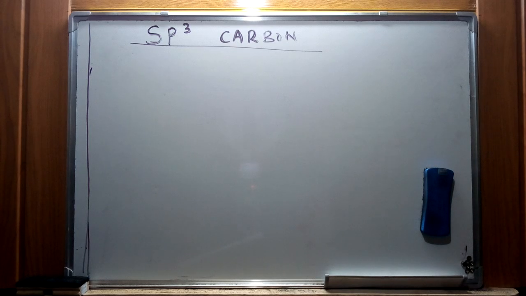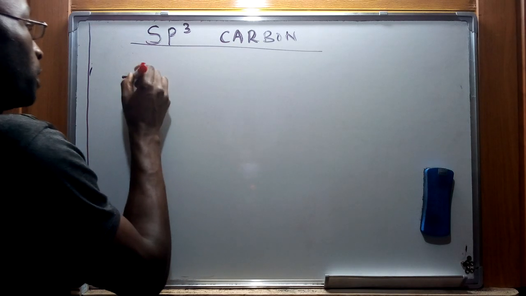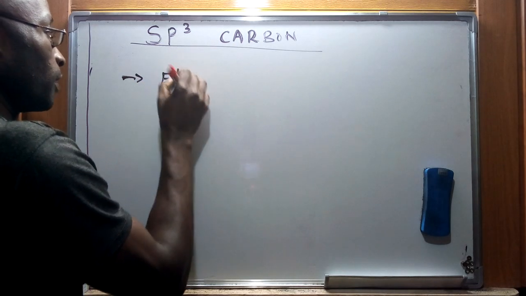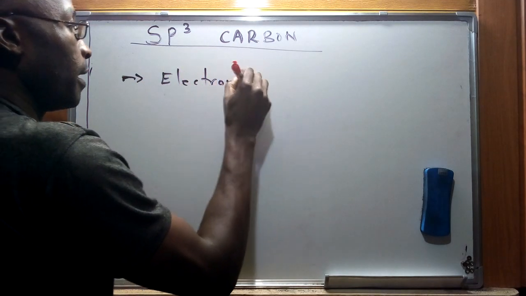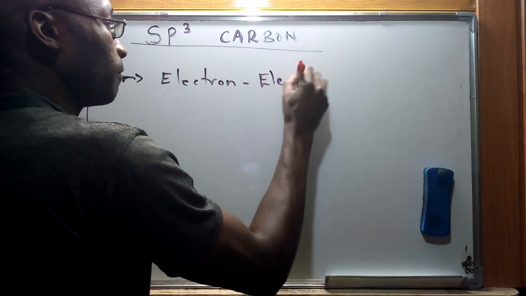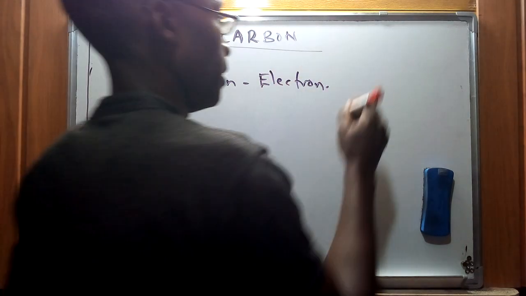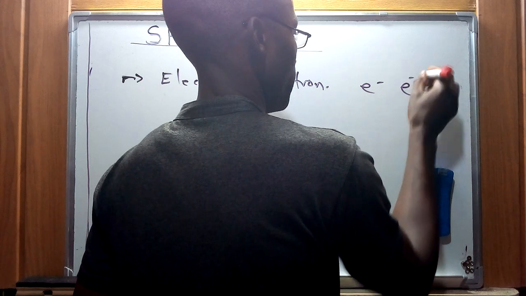In the formation of these orbitals, the electrons which form part of the valence electrons from the hybridized orbitals are going to get as far away from each other as possible. This is in a bid to minimize the electron repulsion, as we said that electrons are negatively charged.